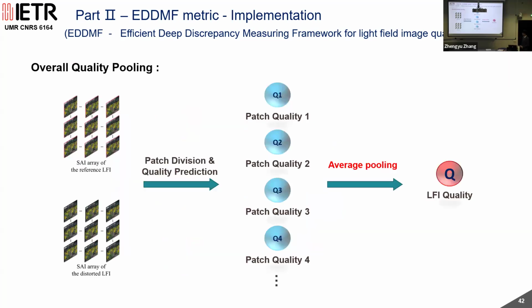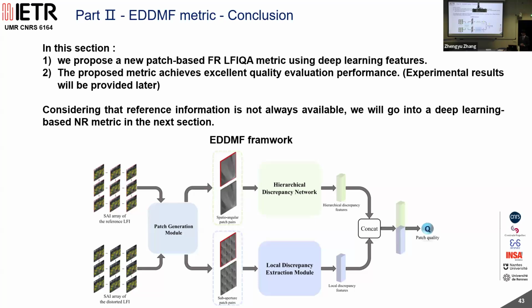And finally, after generating the quality of all the patches, we use average pooling to obtain the overall quality of the light field image. So in this session, we propose a new patch-based full reference metric using deep learning features.